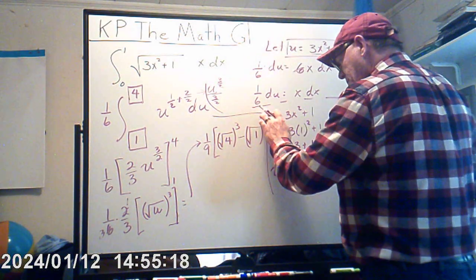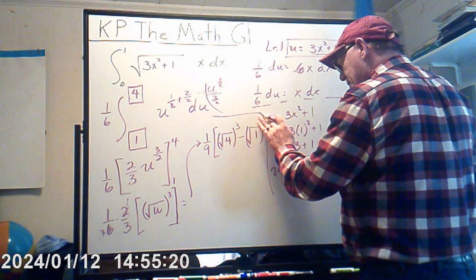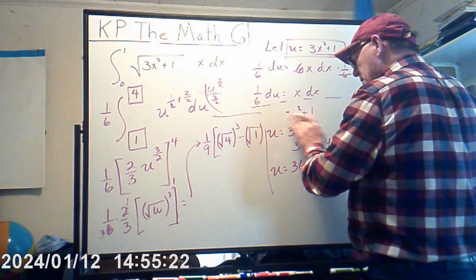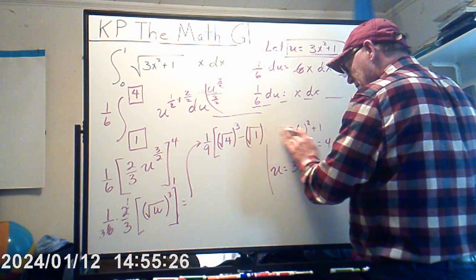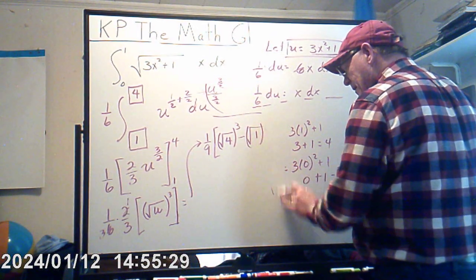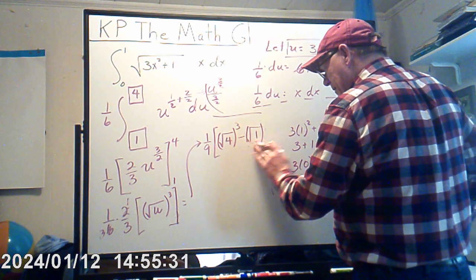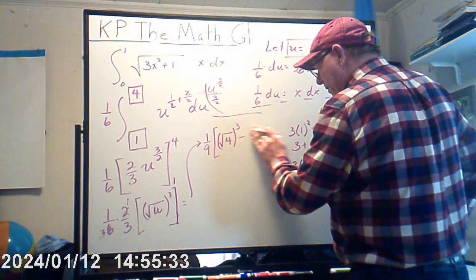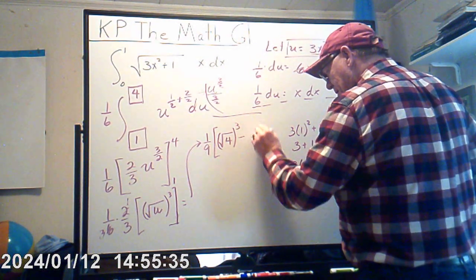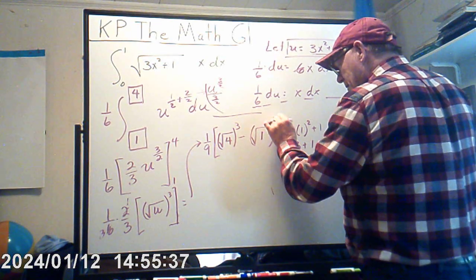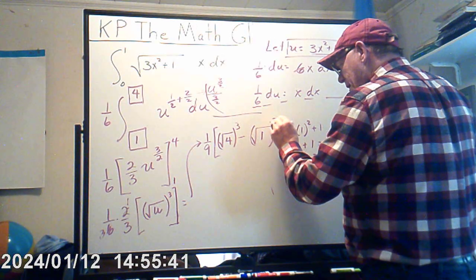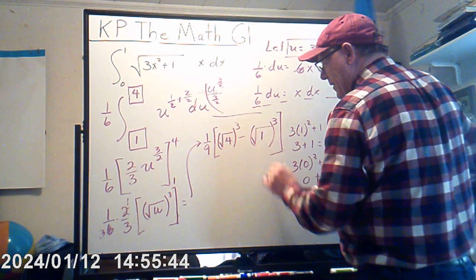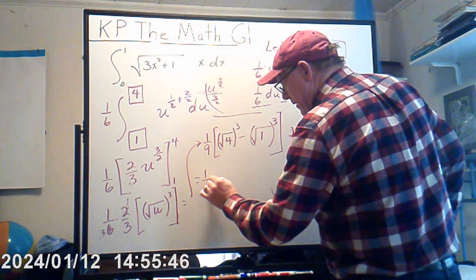Let me erase this so you can see that. You don't need that anymore. Kind of make it a little where we can have a little room here. Excuse me, I'm sorry. This is the square root of 1 cubed here. You cannot forget that cube on there. So that's equal to 1/9.